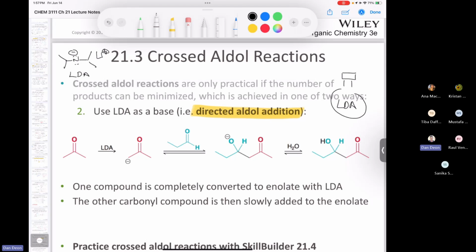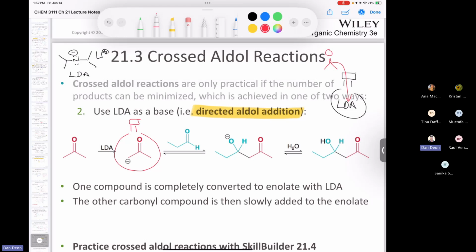And then what you're going to do is you're going to take your ketone that's shown here in red, which is acetone, okay, and you're going to put that into the reaction flask like this. So as soon as the ketone hits, the LDA is going to rip off a proton, so that in your reaction flask, after the addition is done, all you're going to have is this. It's just the enolate of the ketone.